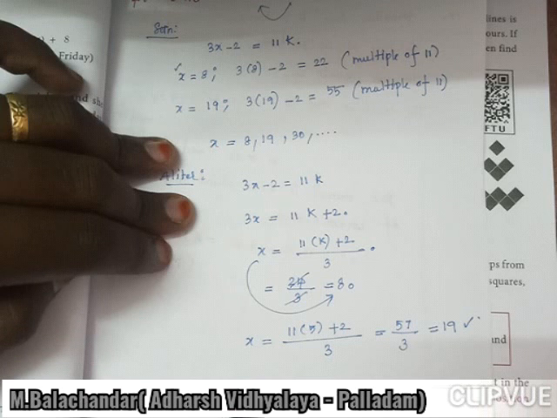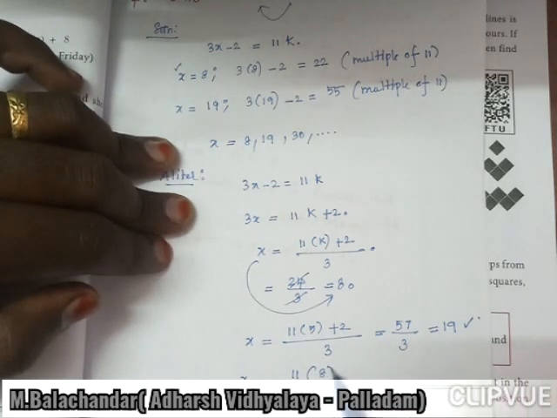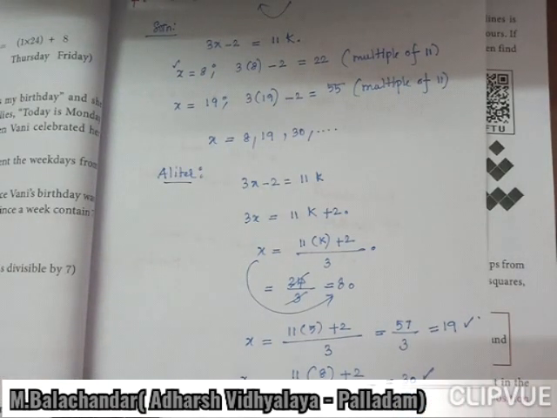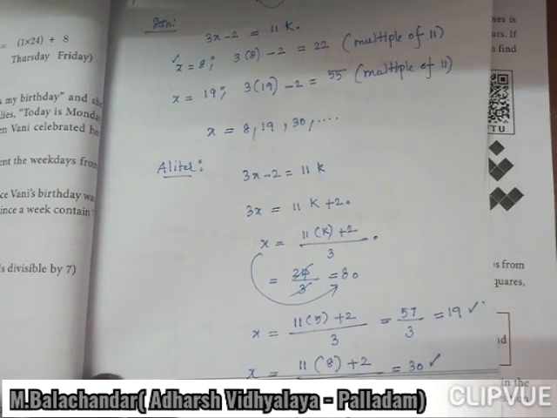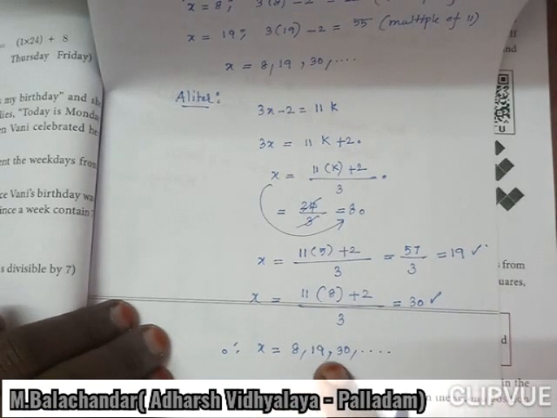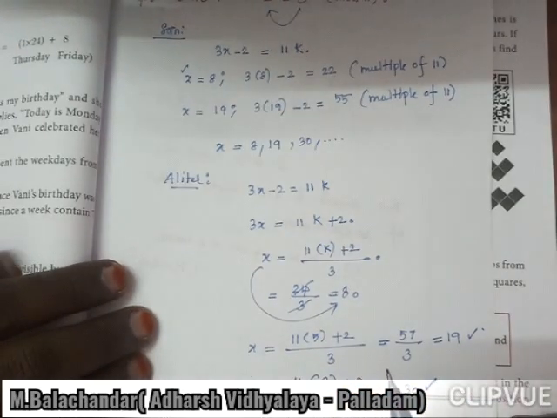Next k value: if you assign k equal to 8, 11 into 8, 88. 88 plus 2, 90. 90 can be divided by 3, so x is equal to 30. Therefore x is equal to 8, 19, 30, and so on. Either you can follow this one or this one. Both are very easy.